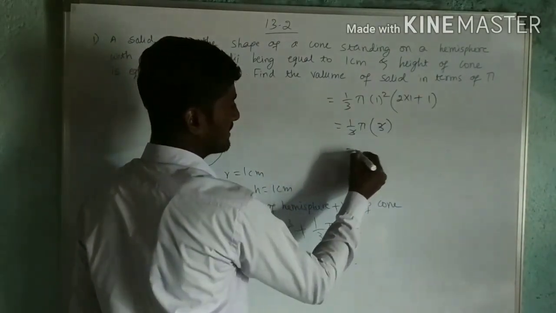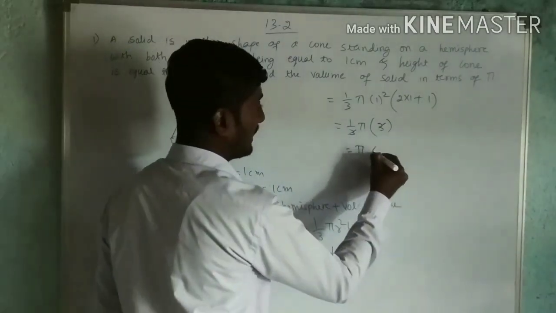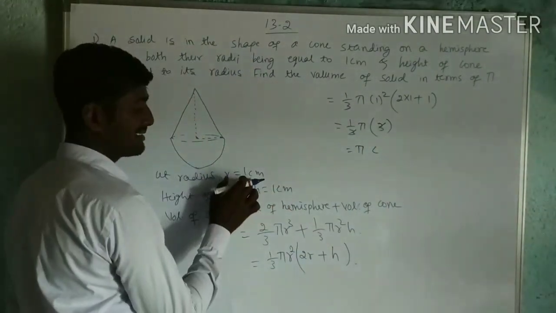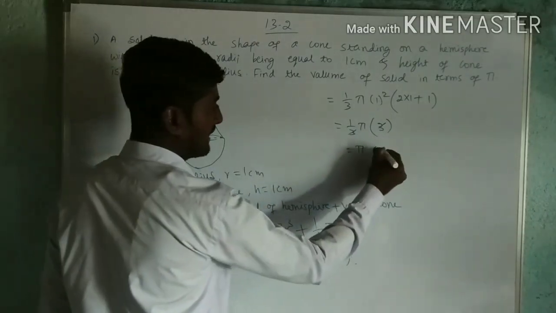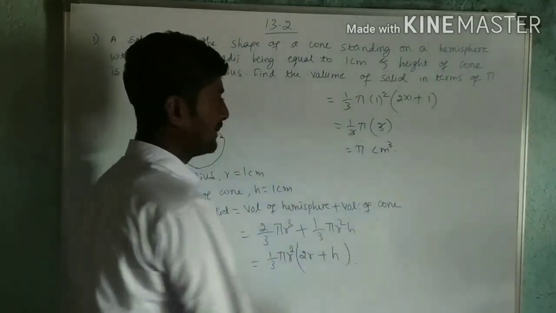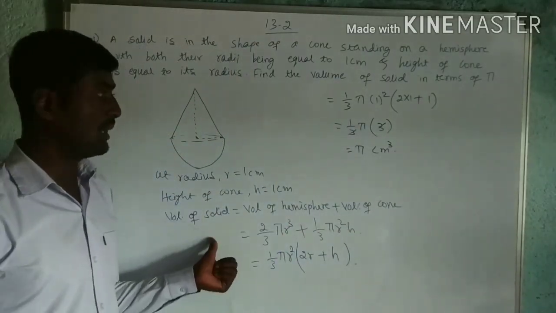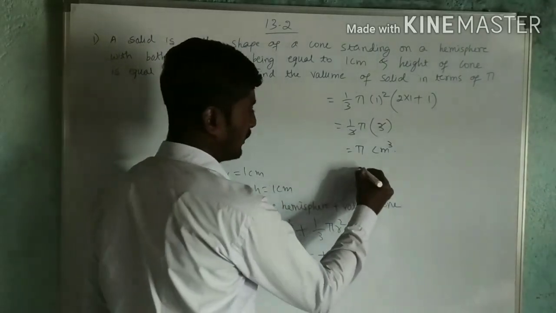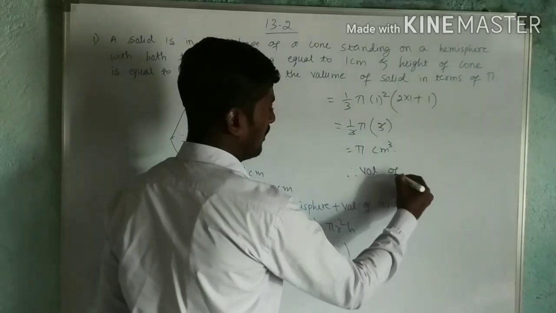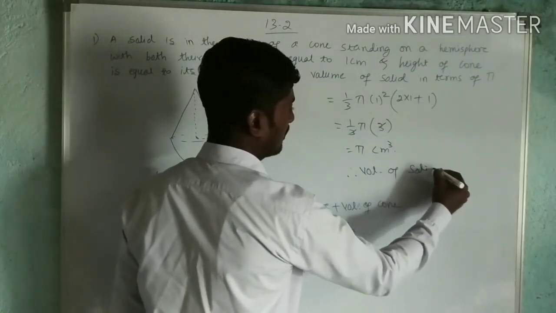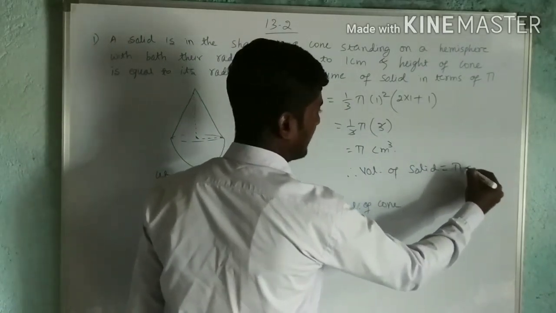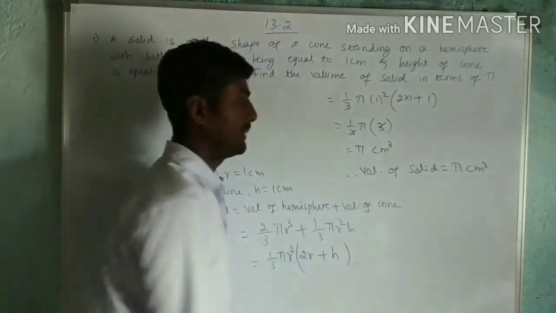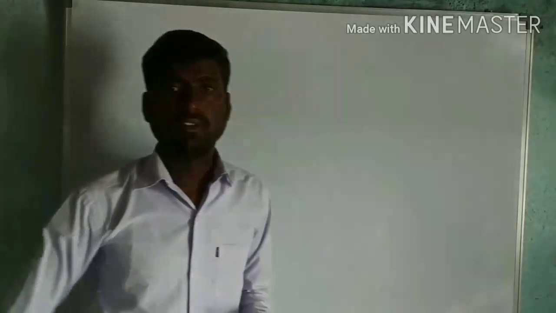So 3 gets cancelled. Answer is pi centimeter cube, because radius and height are given in centimeter. This is the volume of solid. So the conclusion I must write: volume of solid is pi centimeter cube.